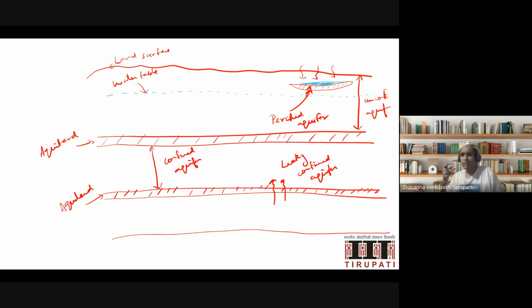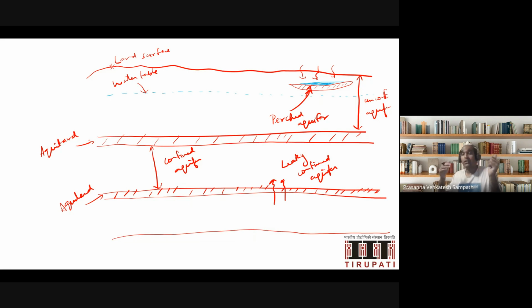So this perched aquifer keeps getting replenished. Although they keep using 500 liters of water every day, I keep getting more and more rain, and nobody else is drawing water from there. You are the only family there, and 500 liters is not a lot. This little perched aquifer may be able to supply water to you.